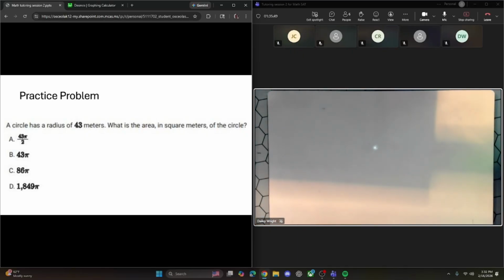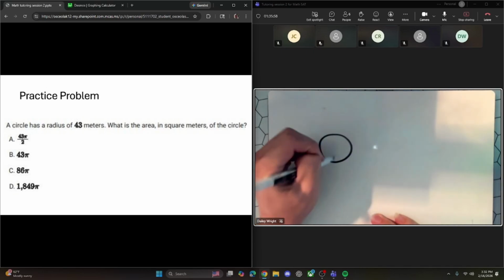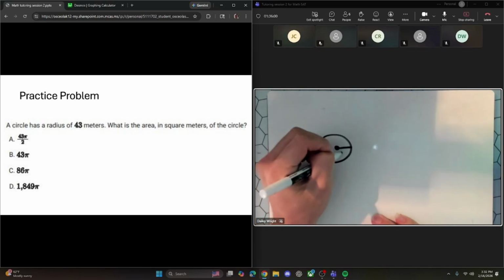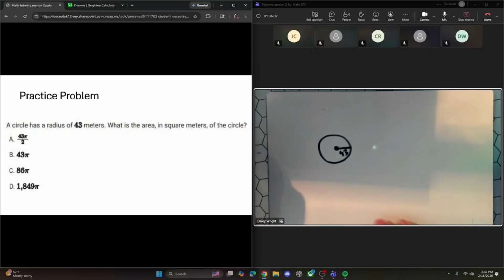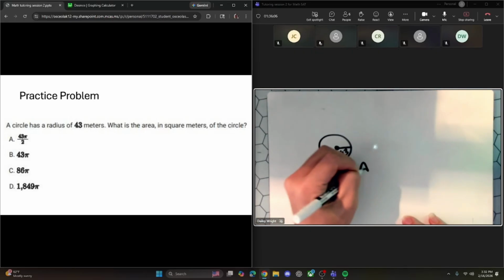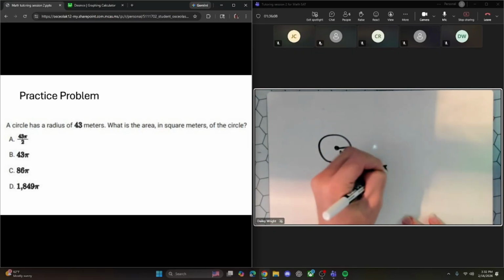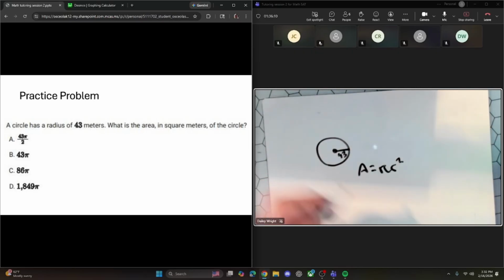A circle has a radius of 43 meters. What is the area in square meters of the circle? So the circle has a radius of 43 meters, and we want to know the area of the circle. Area is pi r squared.